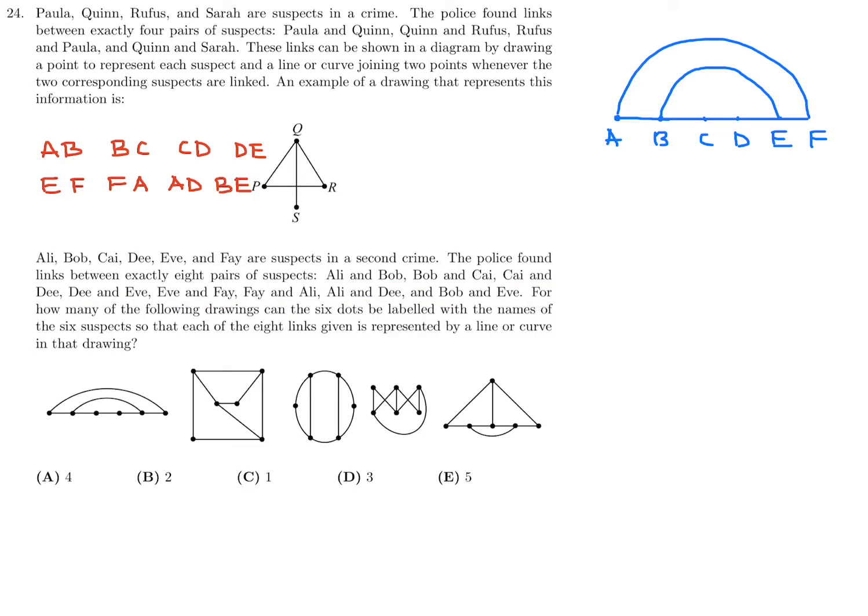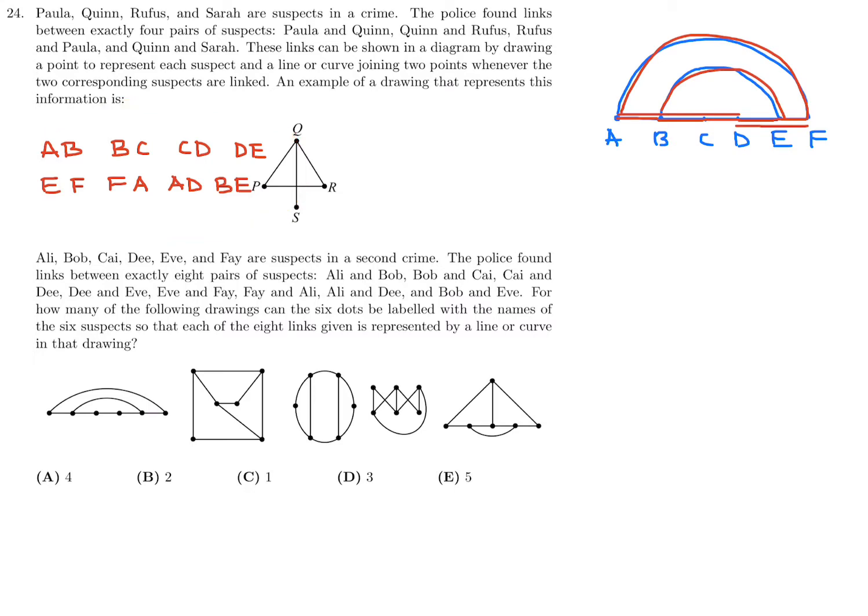Okay, so I've got to make sure that these links match here. Okay, AB, that's good. BC is good. CD, DE, EF, okay, we're doing well. FA, great. AD, from there to there. And BE. Okay, so you think, well, great, everything works out. But here's the thing. Other connections are present that shouldn't be present. For example, F is connected to D, but there is no FD in here.